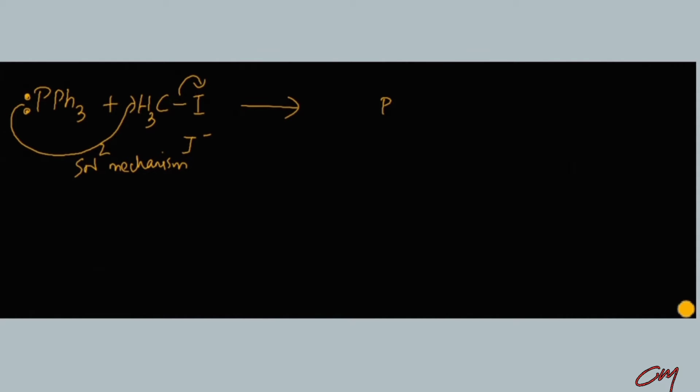So the product formed is PPh3 CH3. Here it will be plus, since it is giving its lone pair to methyl. Now there are three hydrogens in this methyl group. These hydrogens are acidic in nature.